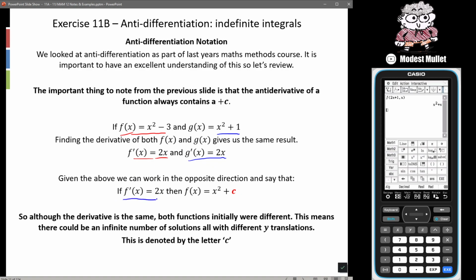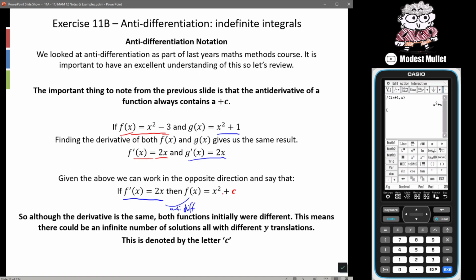So you're effectively given the derivative, and I want to find out, I'm going to anti-diff, or just say for short, anti-differentiation. What are the original functions that have a derivative that's equal to 2x? Well, we've clearly shown that there's two of them. There's x squared minus 3 and there's x squared plus 1.